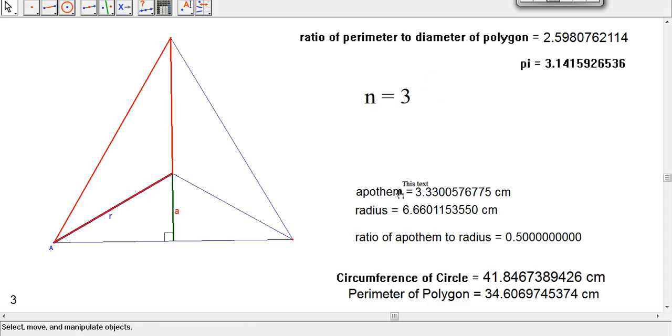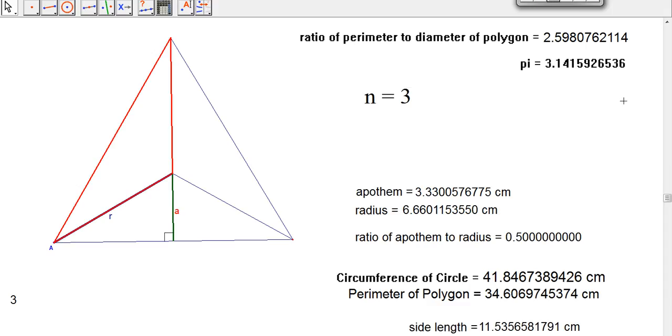3 times the side length, which actually you can't see here, but it is being measured. And in fact, the computer will just measure the perimeter of the polygon for me. The magic of the pause button. I brought the side length measure back into view here. And so, again, perimeter is side length times the number of sides.